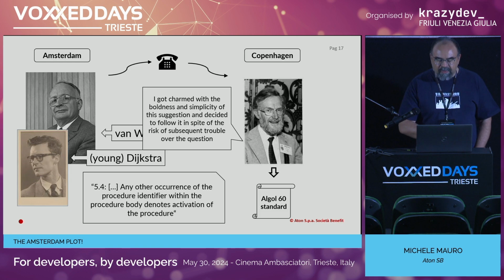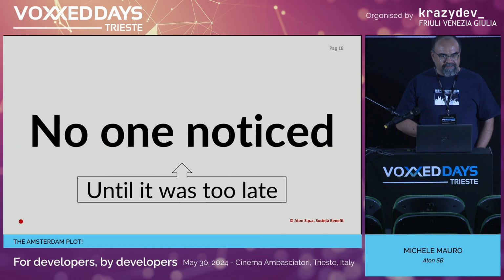You know what happens with small changes? No one notices them until it's too late. No one saw the small new phrase until the standards were already printed and started circulating, and the first implementers were getting back with feedback from the first implementations.